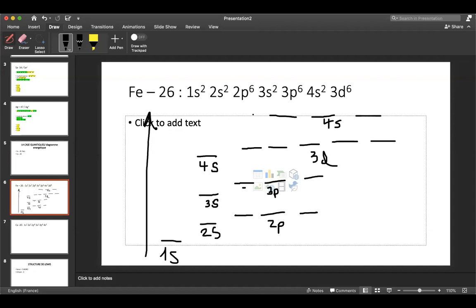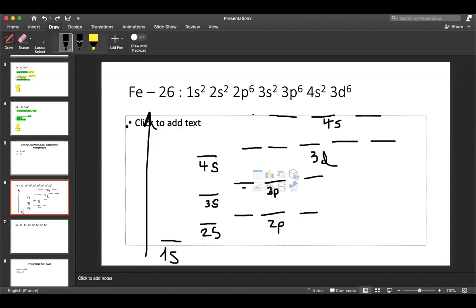Now, Hund's rule, I mentioned Hund's rule earlier on. Hund's rule states that you are never going to occupy an energy level like this. Okay, let me not go to Hund's rule. Let me first start with Klechkowski, then later on come in with Hund's rule, so that it makes more sense.